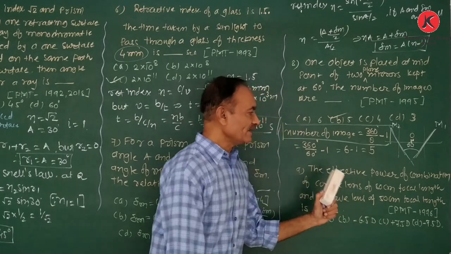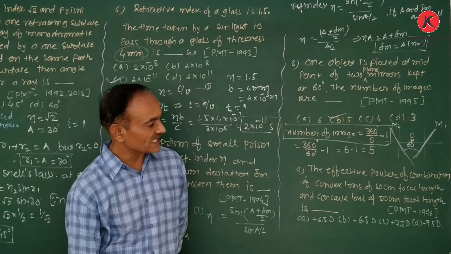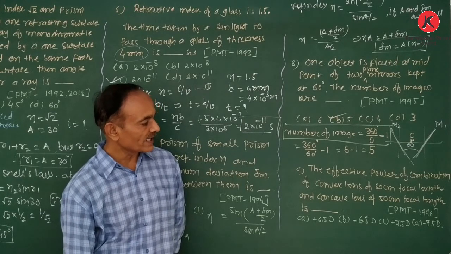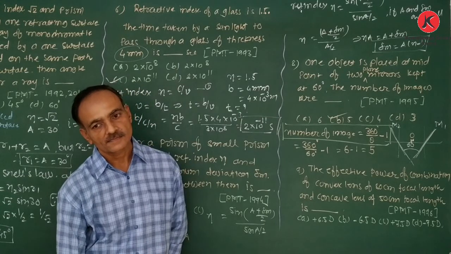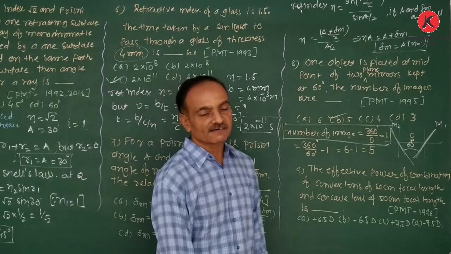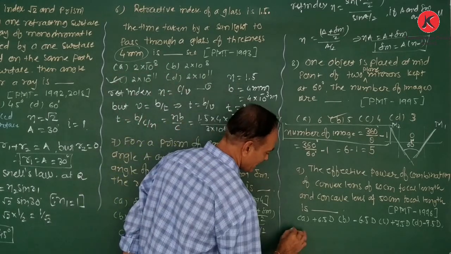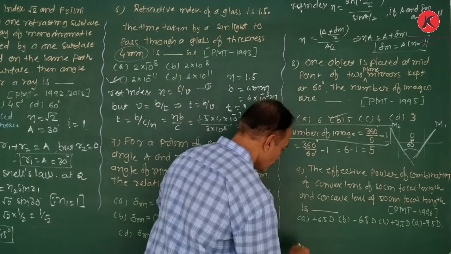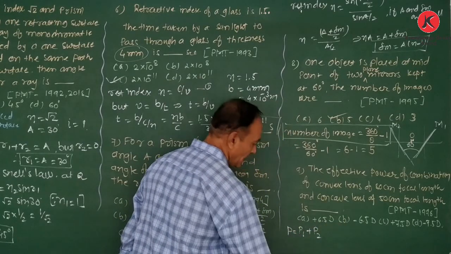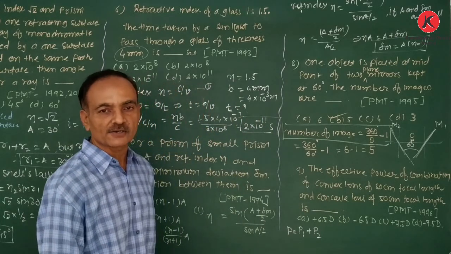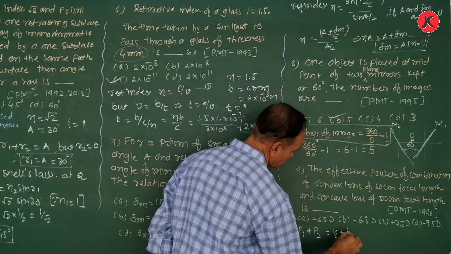Now, the effective power of a combination of a convex lens of 80 cm focal length and a concave lens of 50 cm focal length. Okay, here one is convex, the second is concave. We know that the effective power P is equal to P1 plus P2, and also we know that power is the reciprocal of focal length, so 1 upon f1 plus 1 upon f2.